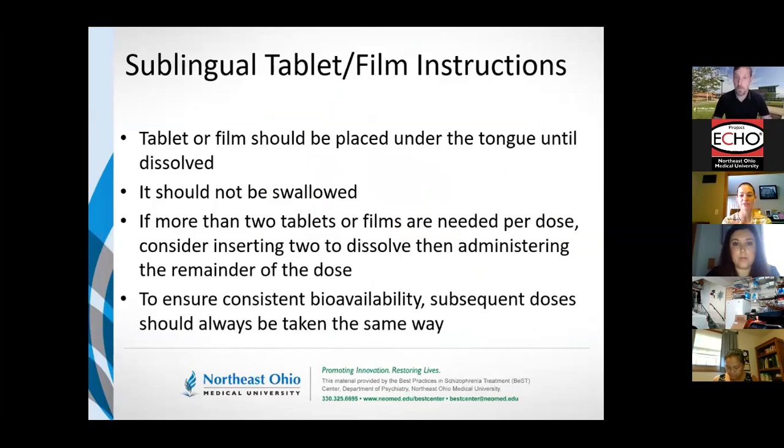So tablets underneath, films underneath, encouraging them not to chew on those. Even if they're in their mouth, try to keep them right where they're supposed to be. And also really try not to move their tongue around a lot because that'll create more saliva and then they'll swallow that. If the buprenorphine's in that saliva, then that again may be something that they're not absorbing ideally.